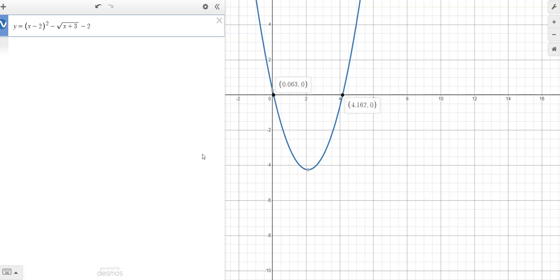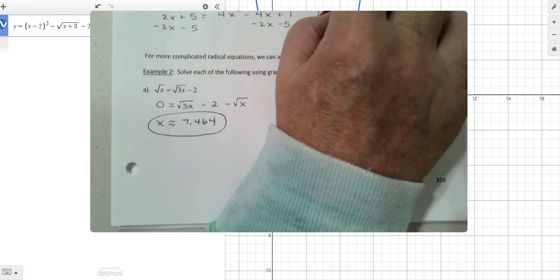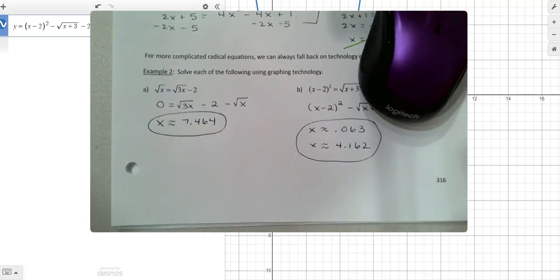It looks like x is approximately 0.063, and x is approximately 4.162. By the way, you don't have to worry about extraneous solutions when you're using solutions from a graph. Extraneous solutions don't show up on a graph. So if you find 2 solutions, they're both true solutions. So there's those.